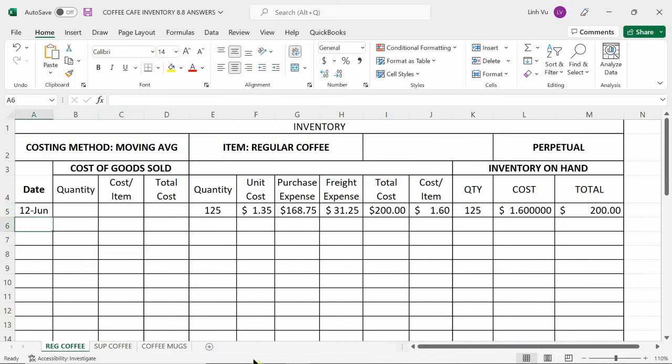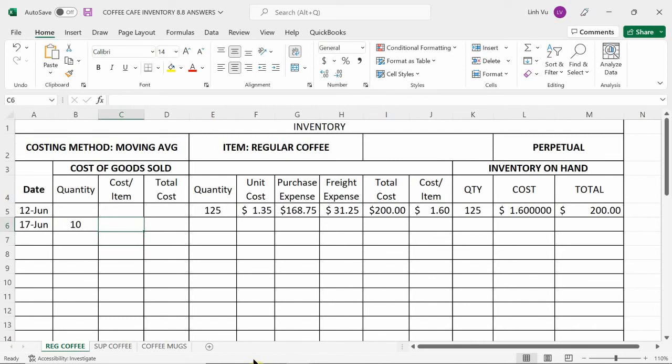So you would go into your cost of goods sold. You're going to be calculating your cost of goods sold, correct? So here's the first one, regular coffee. I used 10 pounds for my regular coffee on the 17th, right? Right. Now, how much is it going to cost me per pound? What's my cost per unit? Cost per item. 200.